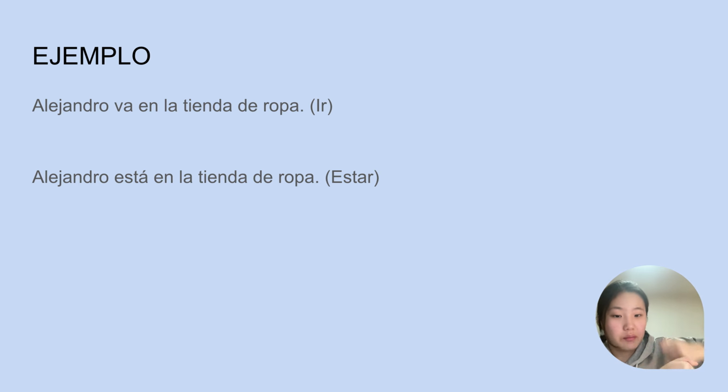So it's describing Alejandro's direction, the motion of really going. And then for estar, Alejandro está en la tienda de ropa, which is Alejandro is at the clothing shop, describing his exact location, which is the clothing shop. Those are just two examples showing the difference between these verbs.